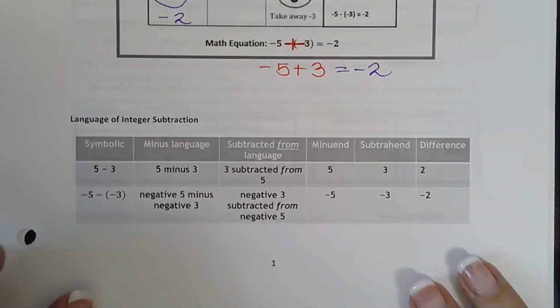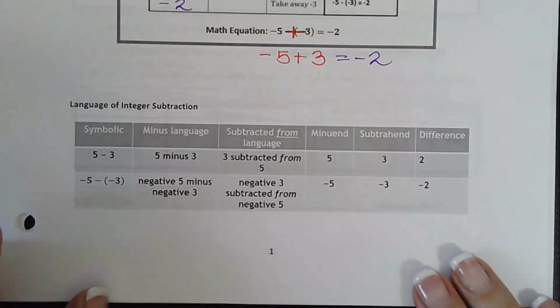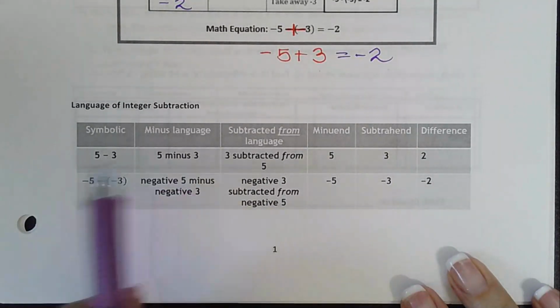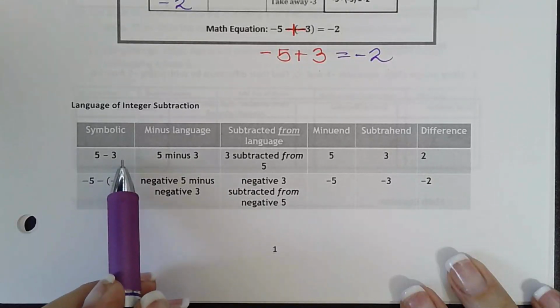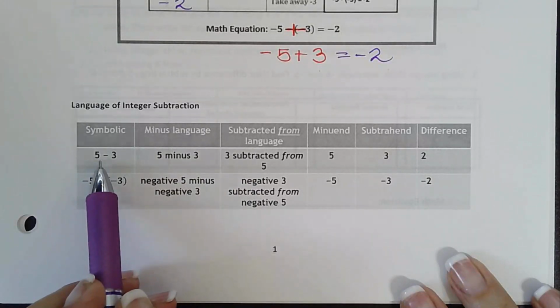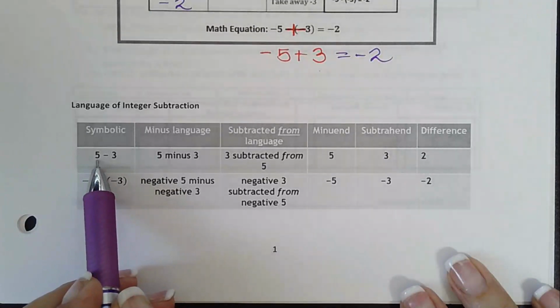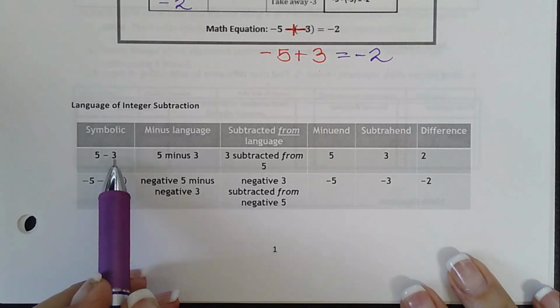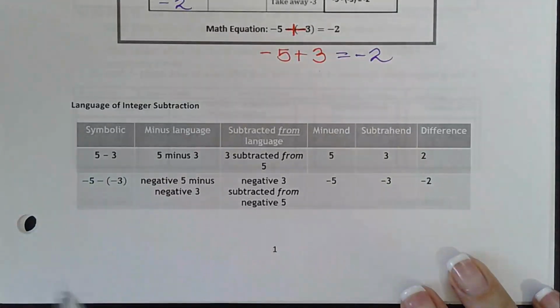So this little box helps you with some of the language. Probably typically most students would say 5 minus 3, but this could also be 3 subtracted from 5, or 5 subtracted by 3. That one's not written down, but any of those are good.